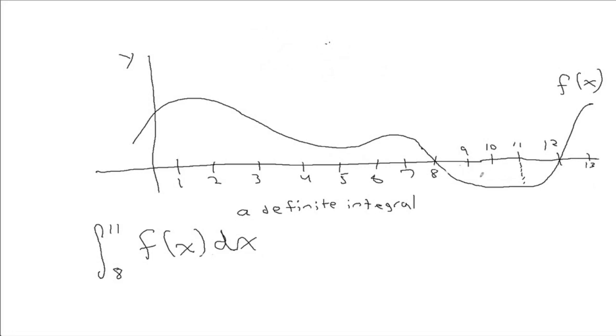For example, I don't know what this area really is, but it might be like -5 or -10 or -11. So that's another aspect of the definite integral. It's not just the area between the curve and the axis. When the curve is above the axis, the integral is positive. It represents a positive area. But when the curve is below the axis, that's interpreted as a negative area.